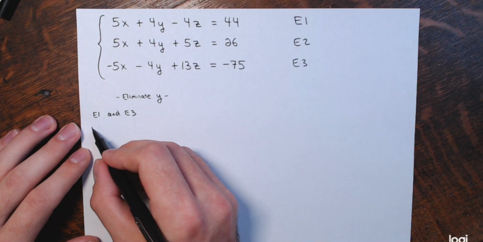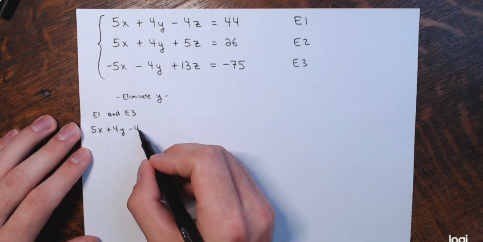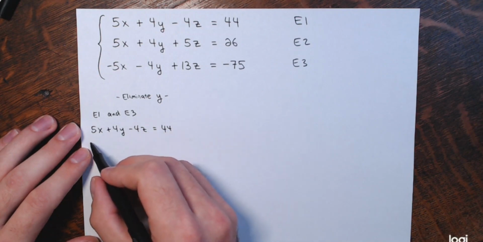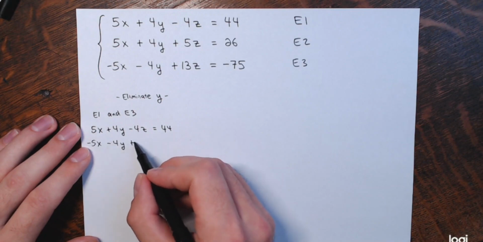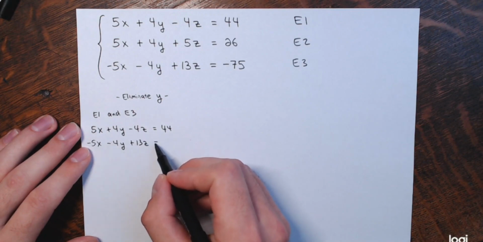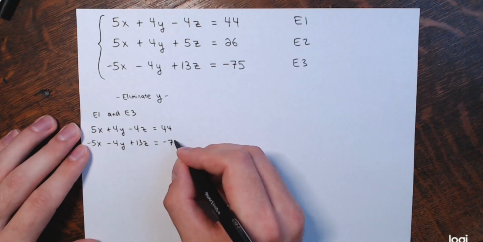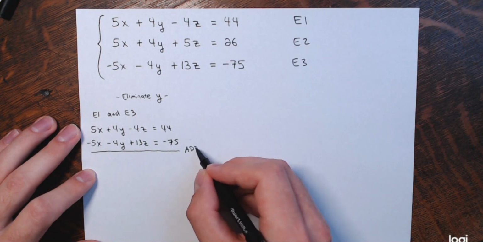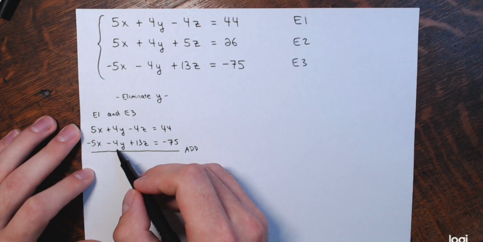Equation 1, we have 5x plus 4y minus 4z equals 44. Equation 3, you have negative 5x minus 4y plus 13z equals negative 75. And look what happens when I add them right now. If I'm trying to eliminate y, the coefficients of y are already opposites, 4 and negative 4.